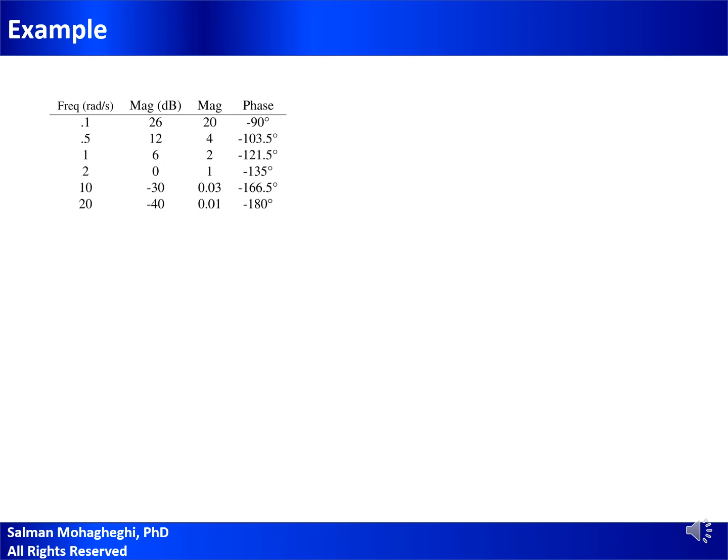Now, this is what I have taken from your handout. Basically, it's a series of frequencies and the magnitudes and phase angles. So what we will do is we will try to find those points and connect them together. So let me use a red color.